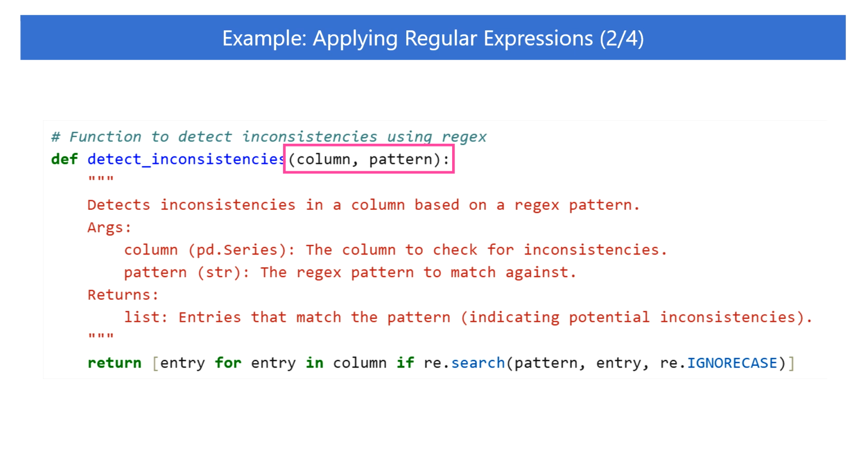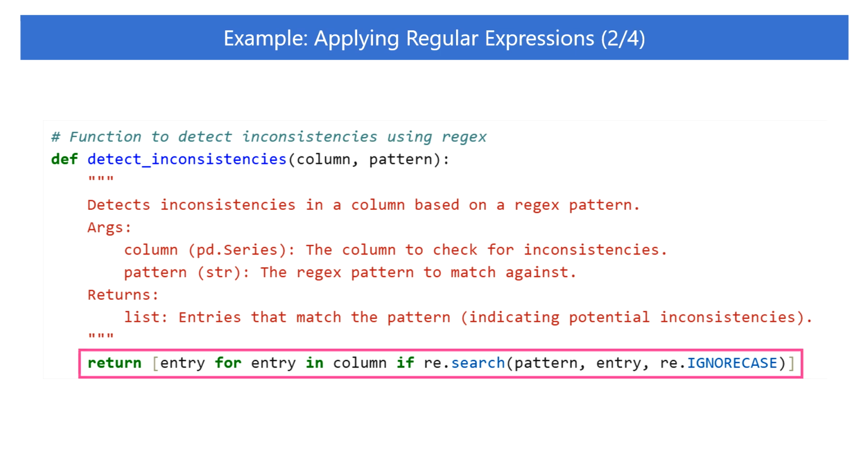This function takes a column of data and a regex pattern as inputs. It searches for entries in the column that match the regex pattern, and it returns a list of all entries in the column that match the pattern. This is useful for detecting inconsistencies or patterns in categorical data, such as spelling variations or case differences.